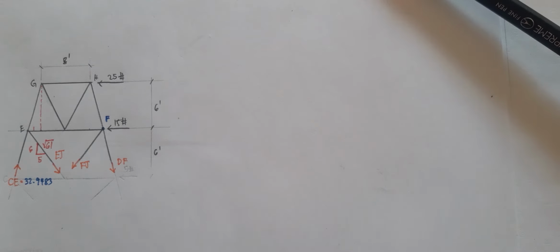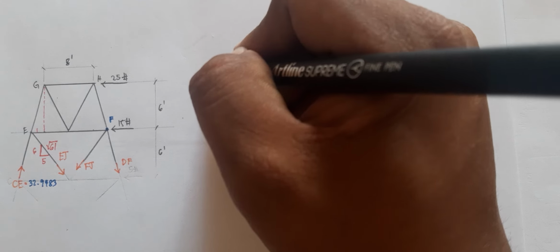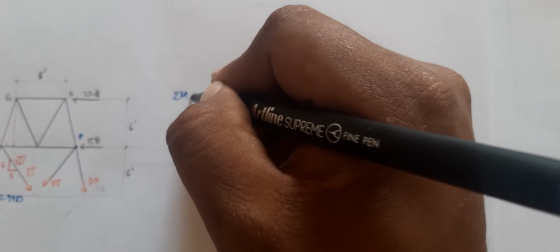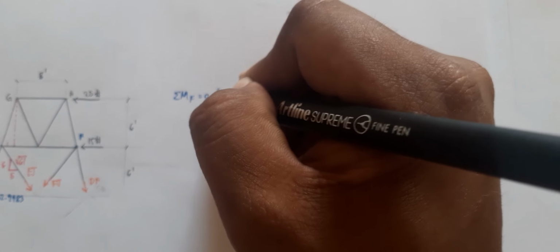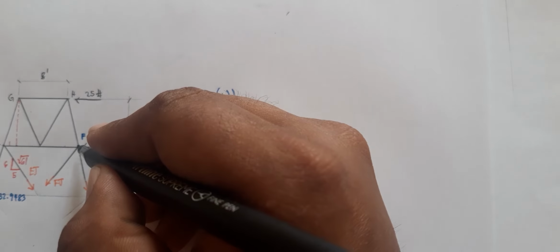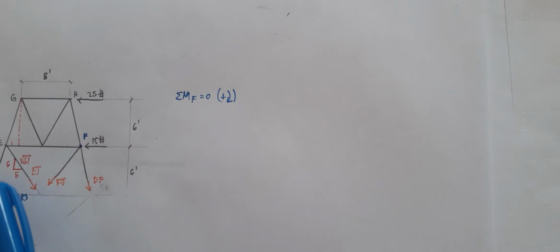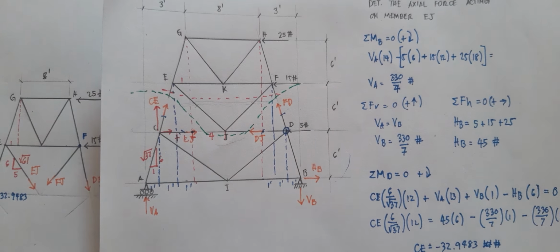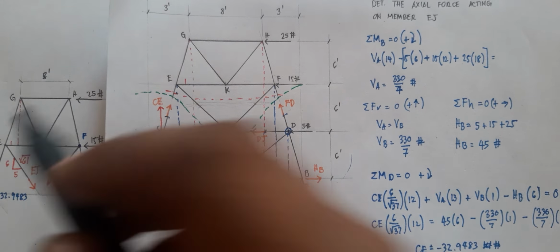Okay, so you have summation moment at point F equal to 0. Let's take positive clockwise. On the clockwise direction would be who again? Let's bring this back. That is 6 and 5, and previously you have there 1 and 6. You would be needing the components for this one also.